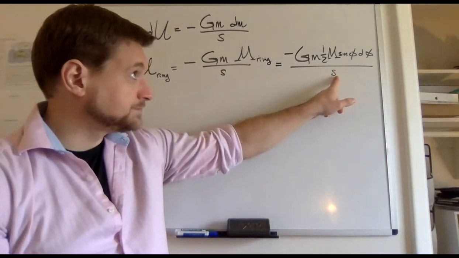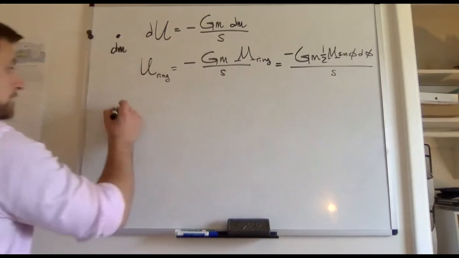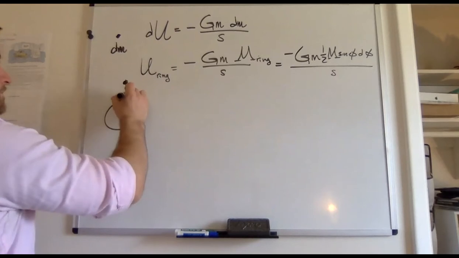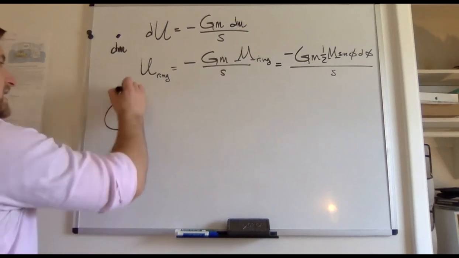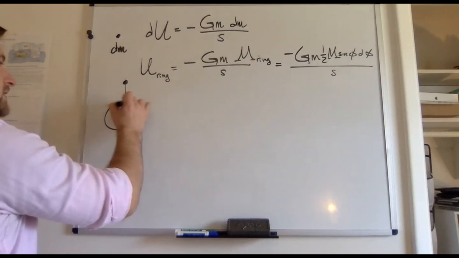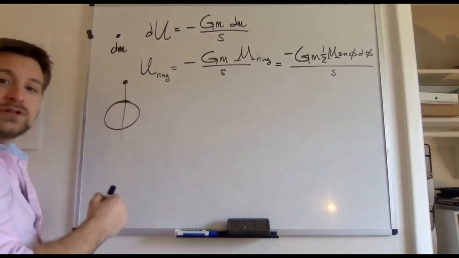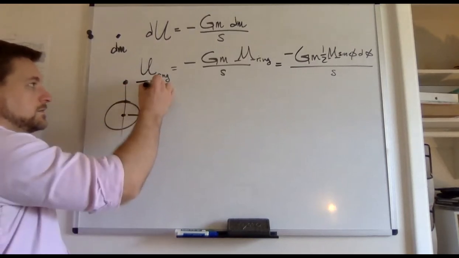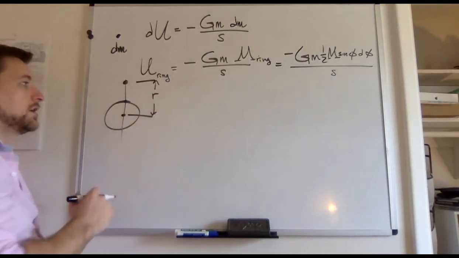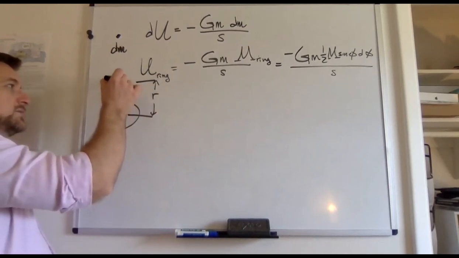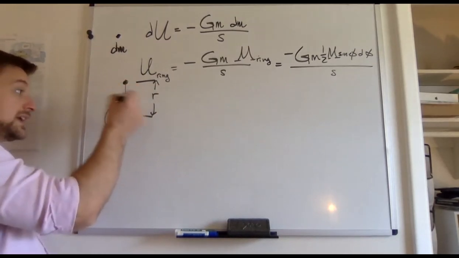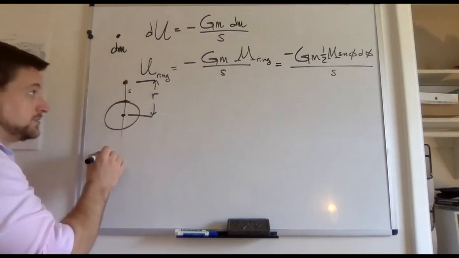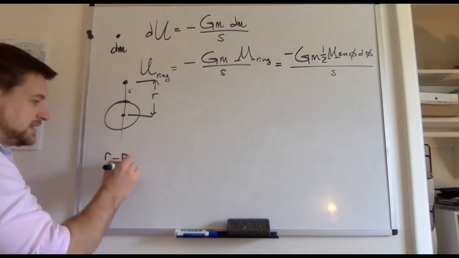The smallest S is going to be when the point is as close to point P as we can get. The distance from the center to P is R, so the distance between P and the ring that we're talking about is S, and its smallest value is R minus capital R, right?